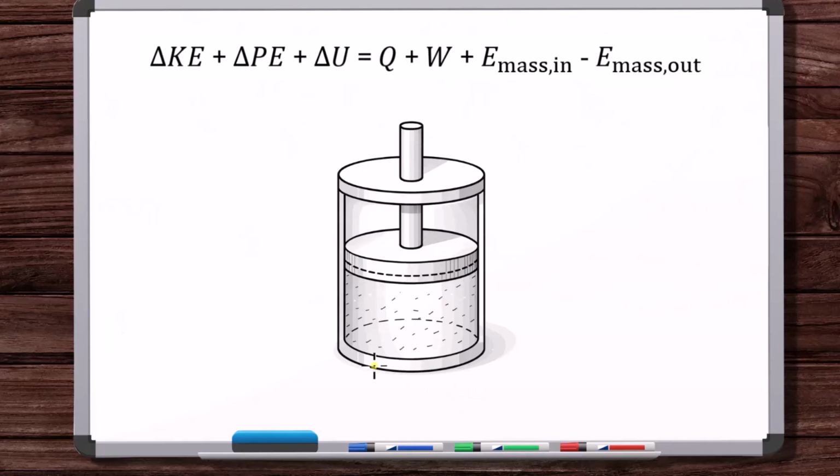If we define the system to be the gas body that's contained inside of this cylinder, then we could define the system boundaries to be the inner walls of the cylinder and the inner face of the piston.